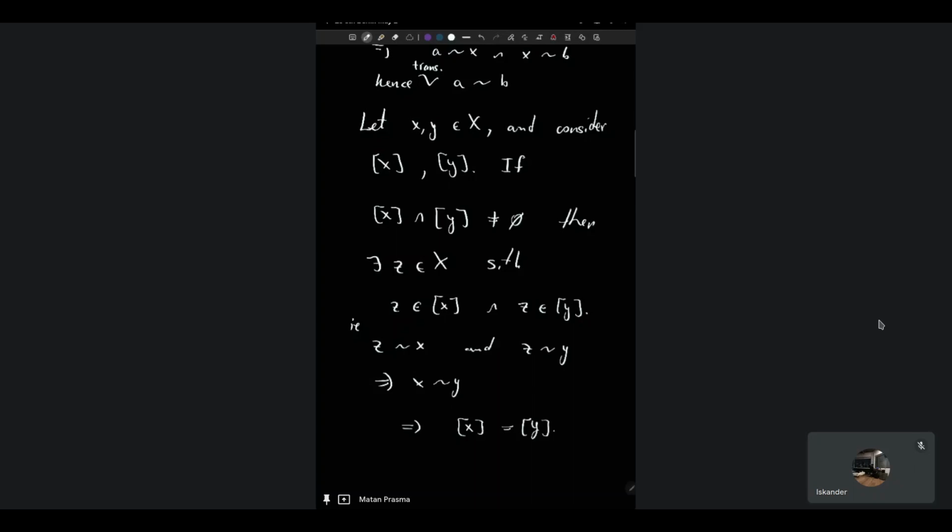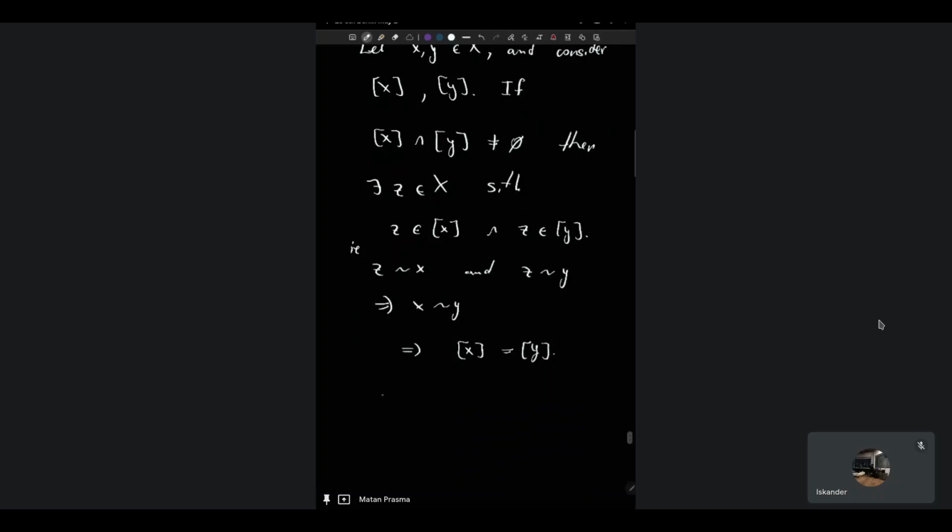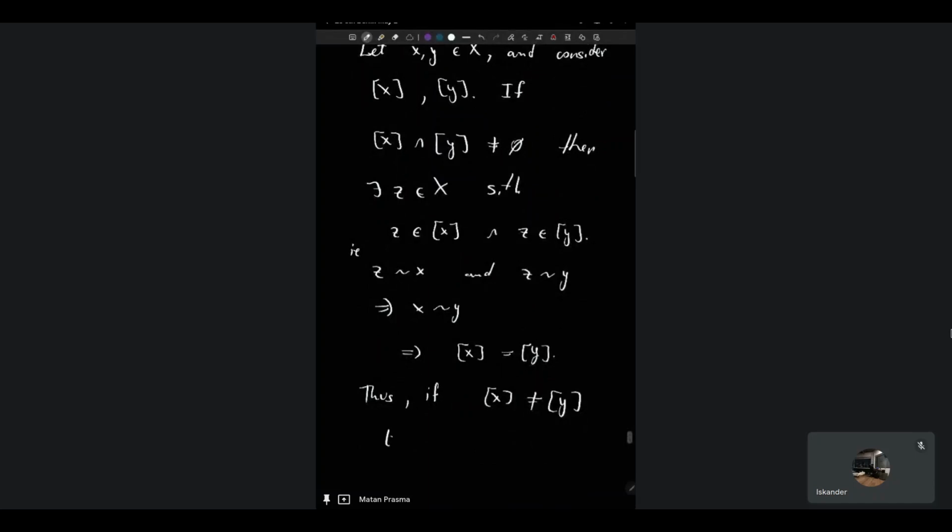You cannot find even one element in common. Thus, if the equivalence class of X is different from the equivalence class of Y, then necessarily the equivalence class of X intersected with the equivalence class of Y is the empty set.